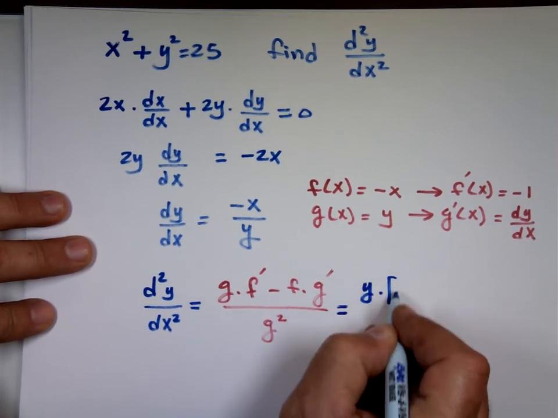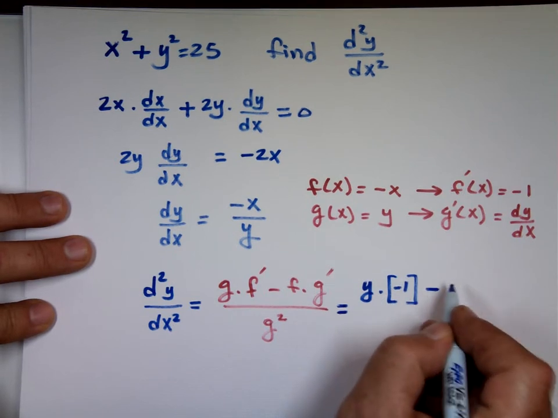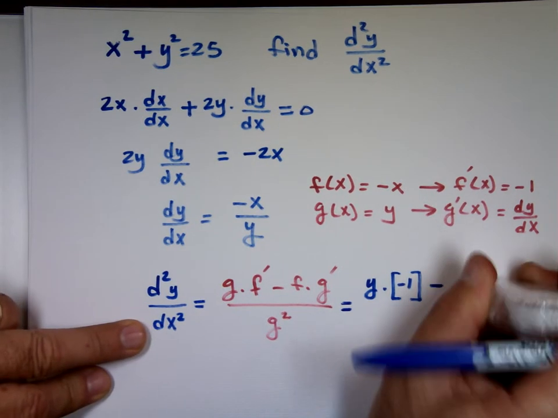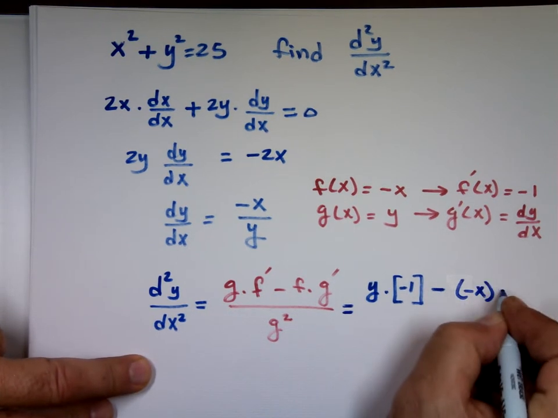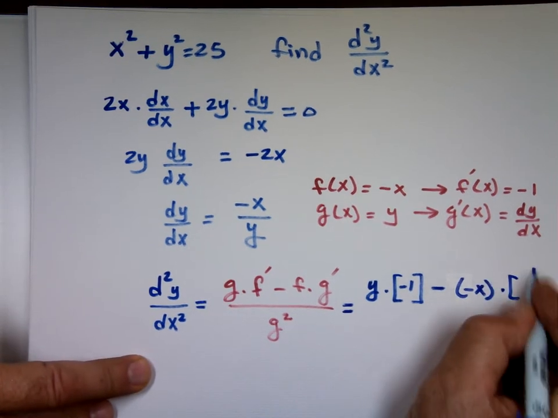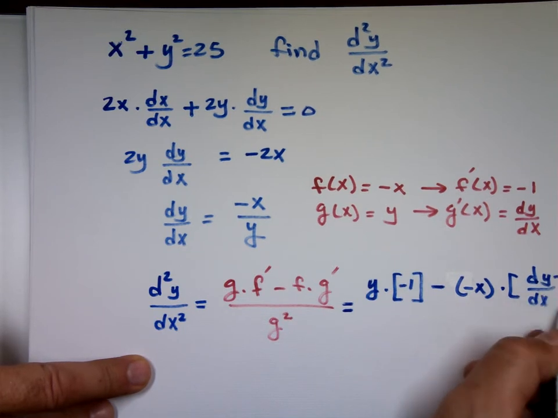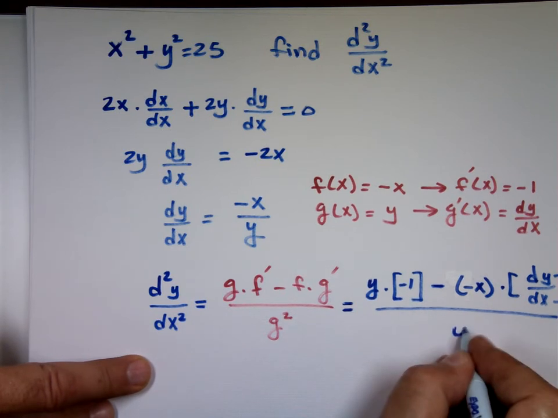Negative 1, minus f, which, I saved the square brackets for the derivative. F, which is what? Negative x, times g prime, which is dy/dx, all divided by what? Which is y squared.